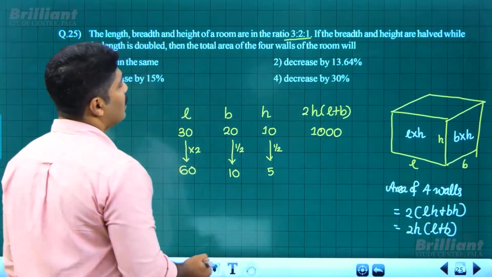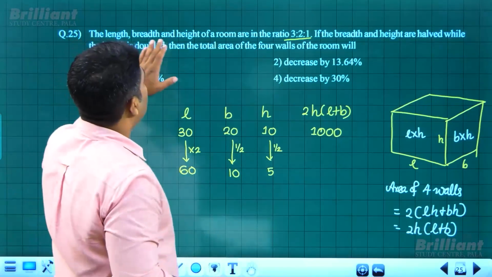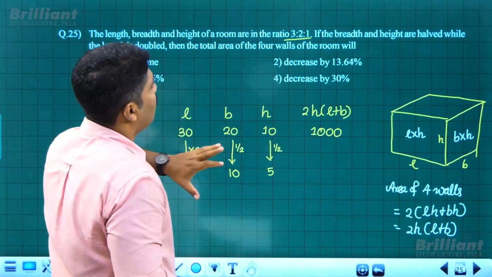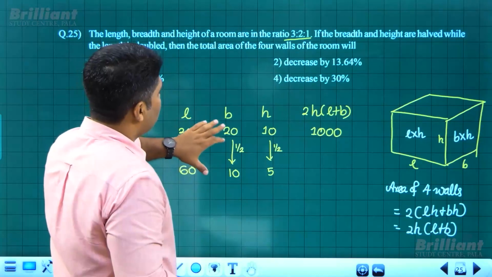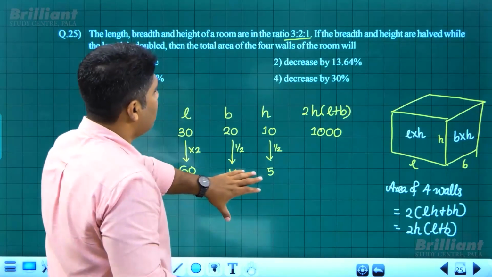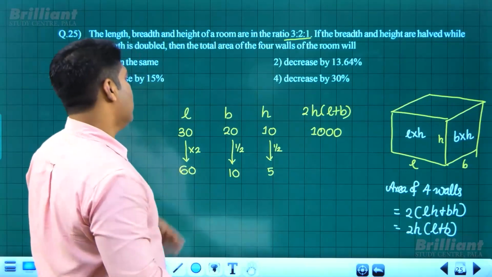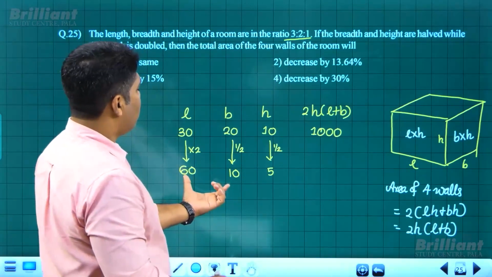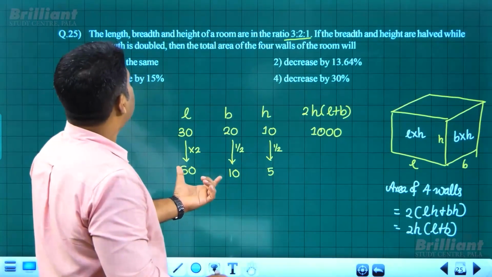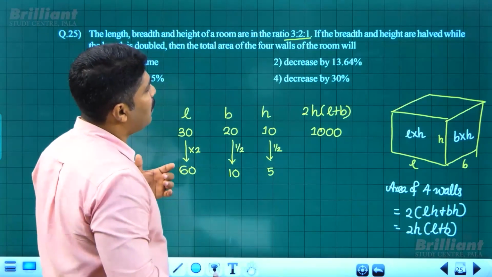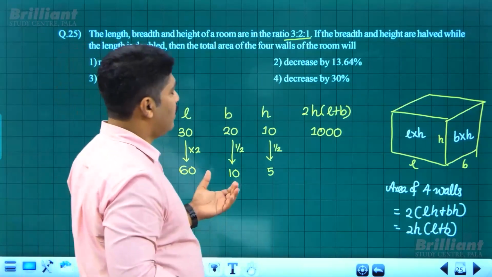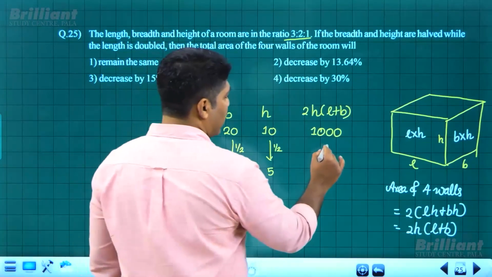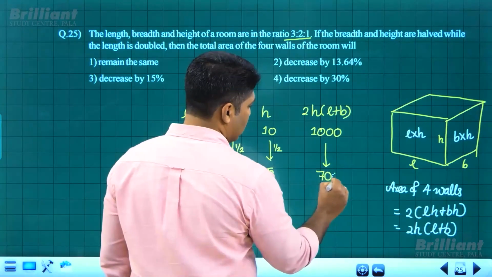So if you're considering these values, the length, breadth and height 3:2:1, and the breadth and height are halved, then doing the operations, 60 plus 10 is 70. Then the total area of walls of the room, we are going to find out. So 70 into 10, what will it become? 700.